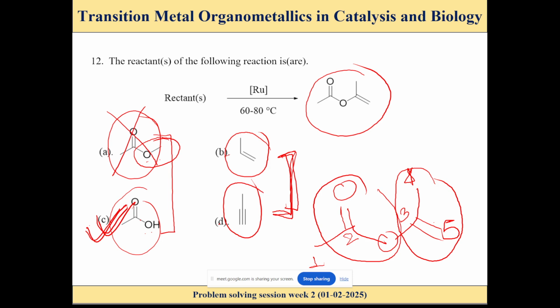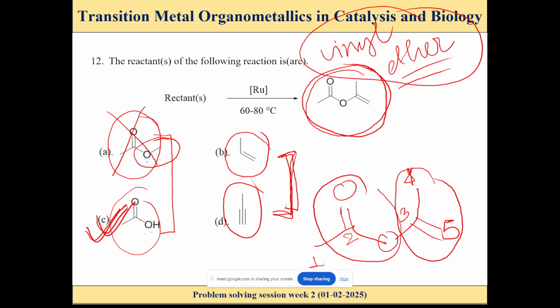Now we are getting this vinyl ether. This is called vinyl ether. This vinylation reaction is known for acetylene, simple. But this is not acetylene, this is ethane.